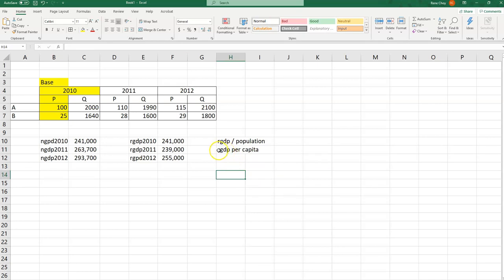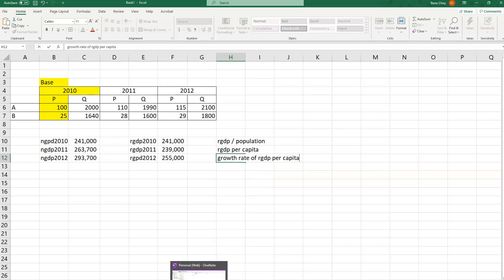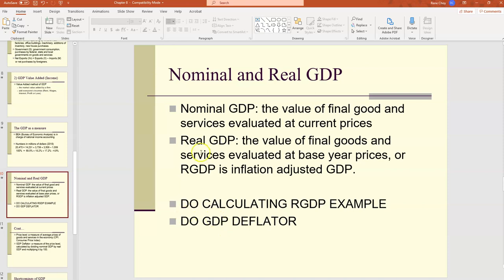So economic growth is measured today in the US by the growth rate of real GDP per capita, or real GDP per person in the country. All right. Hopefully you now understand the difference between nominal and real GDP and can calculate it on your own.